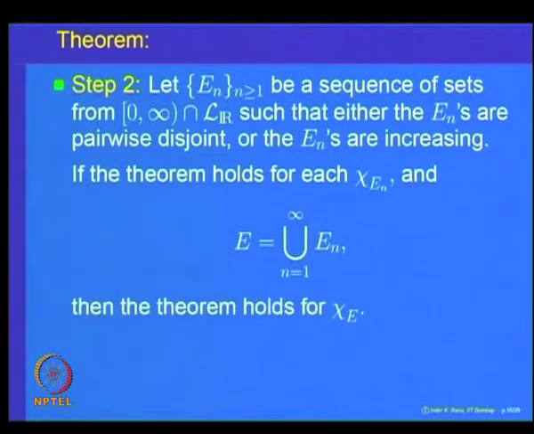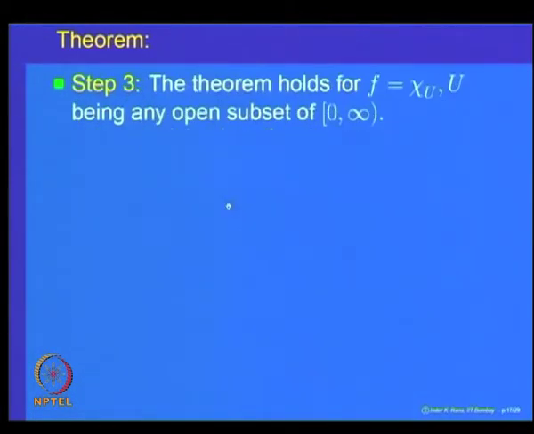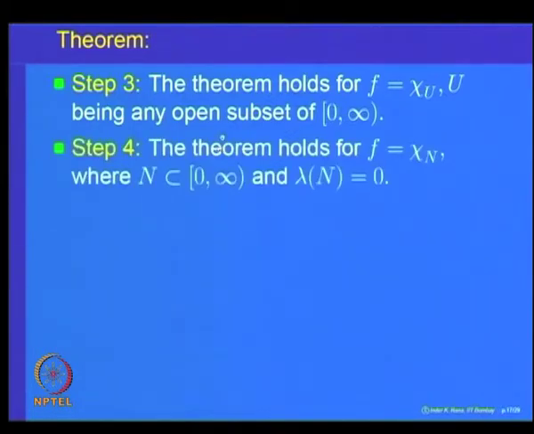Then step 3: from such things one comes to open sets, by the fact that each open set is a countable disjoint union of intervals. For intervals that property holds, so this will hold for every open set. And from open sets, one goes to null sets: one shows the corresponding property also holds for null sets.